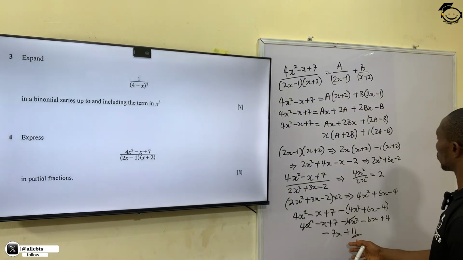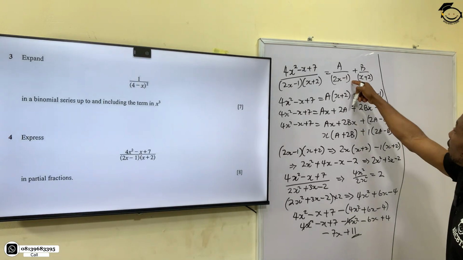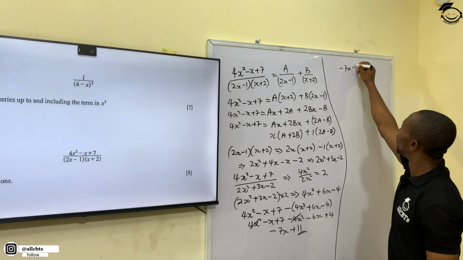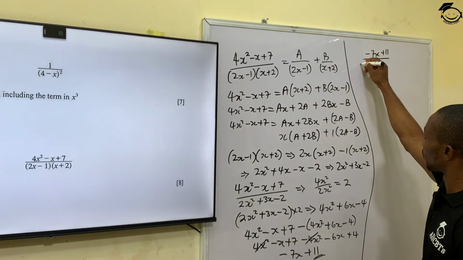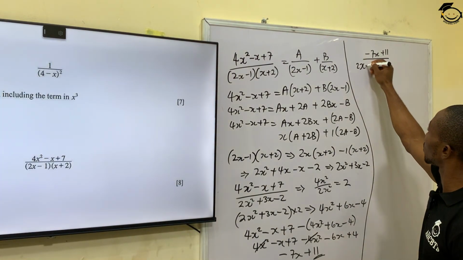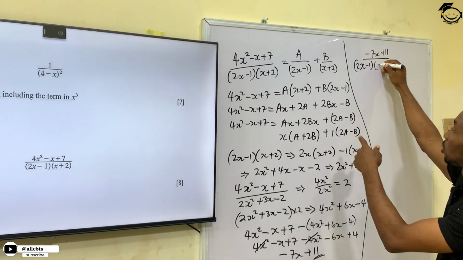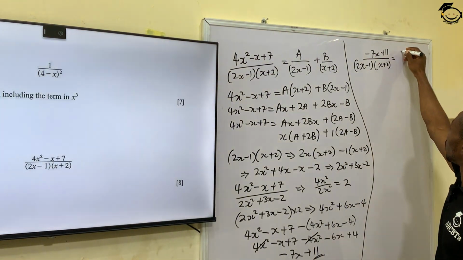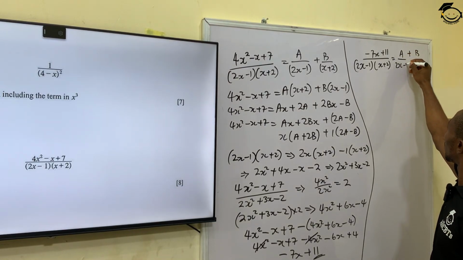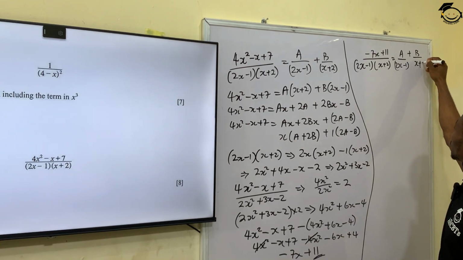Now, we substitute back into this. So this becomes minus 7x plus 11 all over our 2x minus 1 and x plus 2 equals a plus b times 2x minus 1 and x plus 2.